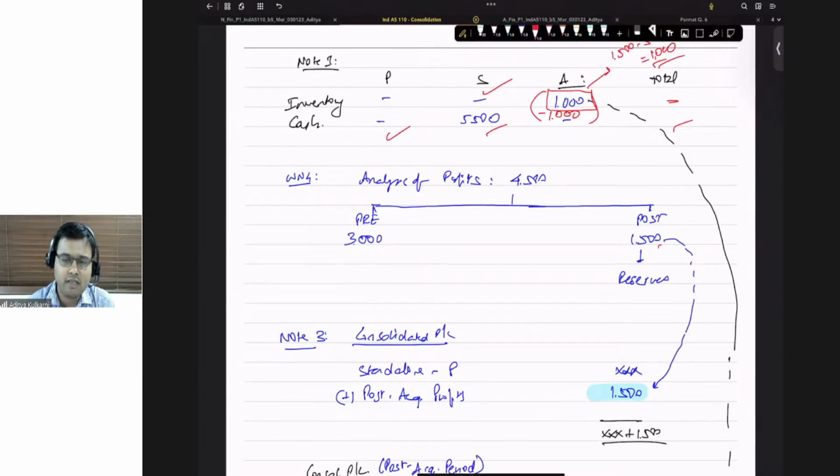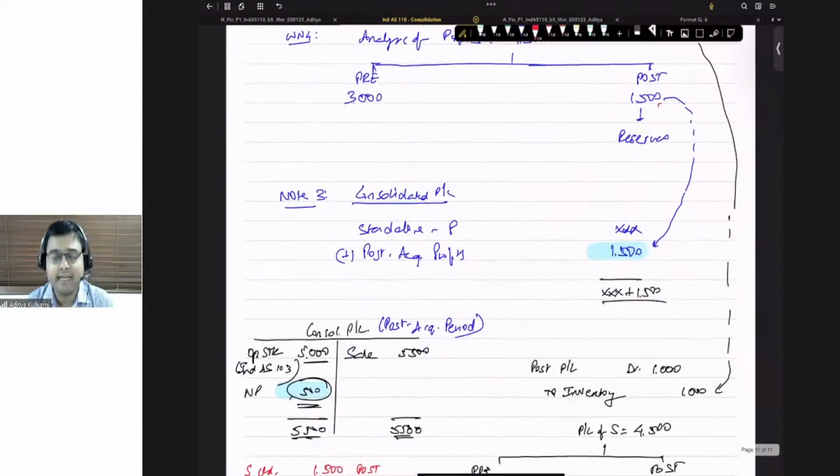My post profits are 500 because I have already taken the inventory to 5,000 prior to acquisition, I mean on the date of acquisition. So the impact of 1,000 has already gone there. We cannot take 1,500 again. 1,000 impact is given as a result of which goodwill does not exist at all.